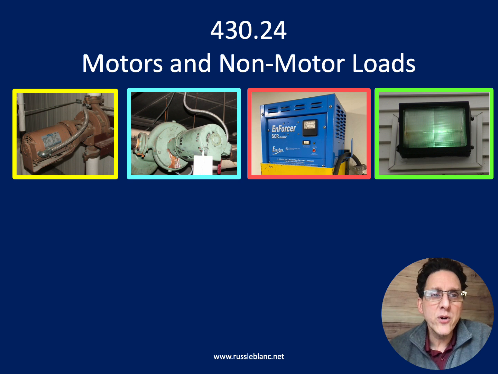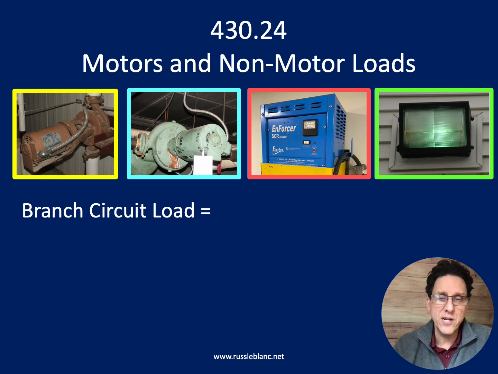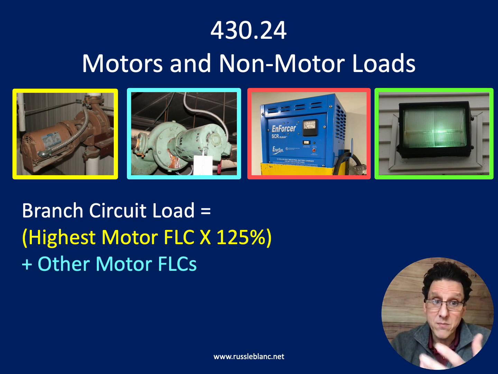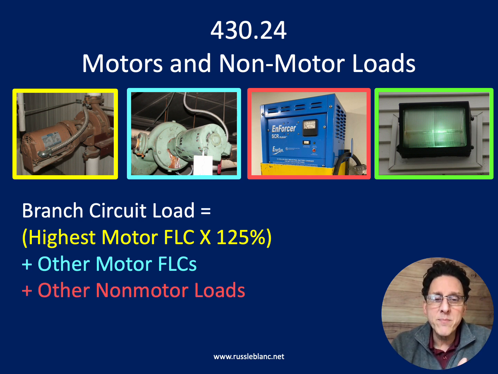Now we have a motor or motors and some other non-motor loads. So the branch circuit load equals the highest motor full load current times 125%, the motor highlighted in yellow, plus the other motor full load current, the motor highlighted in blue, plus the other non-motor loads.